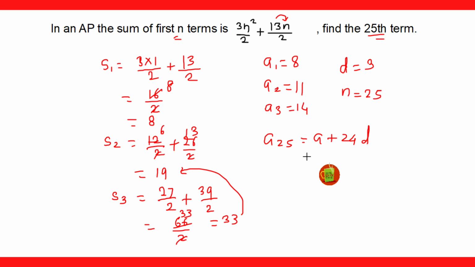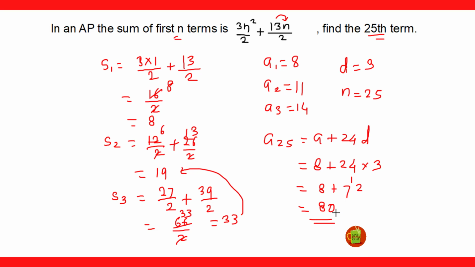Correct? So that is equal to 8 plus 24 into 3. 24 times 3 is 72, and 72 plus 8 is equal to 80, and therefore the 25th term is 80.